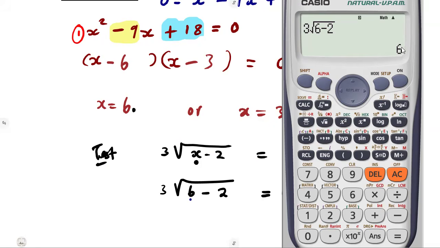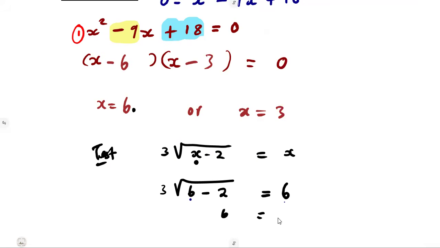The answers that you get exactly on your calculator are the ones that you use, not the plus or minus concept, but how the calculator expresses its answers. If the calculator cannot give you that answer, it means it cannot exist. But in this case, we've got 6. So 6 is equal to 6. This is correct, meaning the value of x satisfies our equation when x is 6. The left-hand side is equal to the right-hand side.